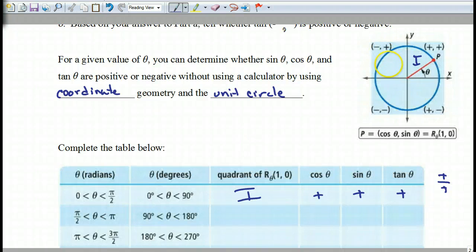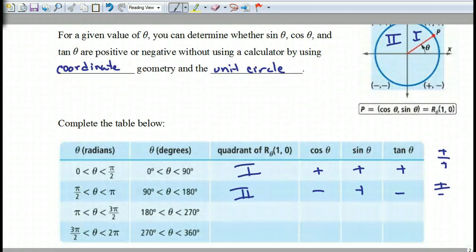In this quadrant, our x values are negative, but our y values are positive. We are taking a positive divided by a negative, so this will be negative. In quadrant 3, we have still negative x values, but we also have negative y values.